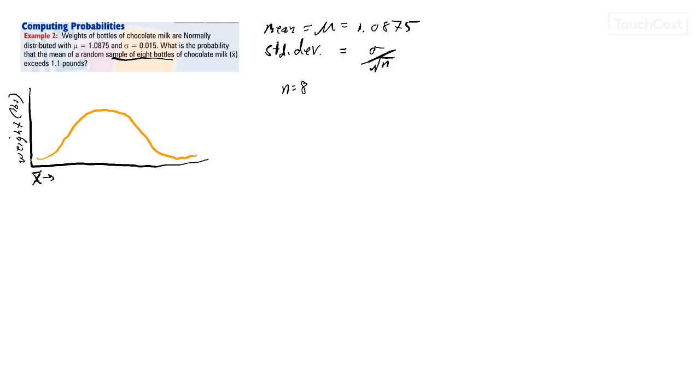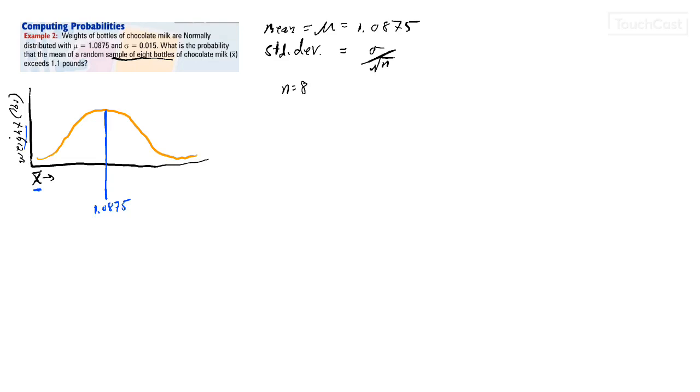So one thing I'm going to do is articulate this in a graph. Here is our mean, 1.0875, and we have a sample size of n. We're not going to put that there, but this x-axis represents the mean, and the y-axis is the weight in pounds.